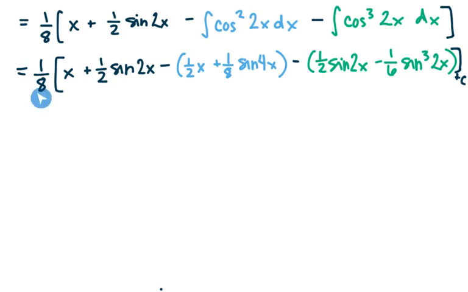So the first thing I'm going to do is take this 1/8, multiply it through, also distributing some negatives as I go.